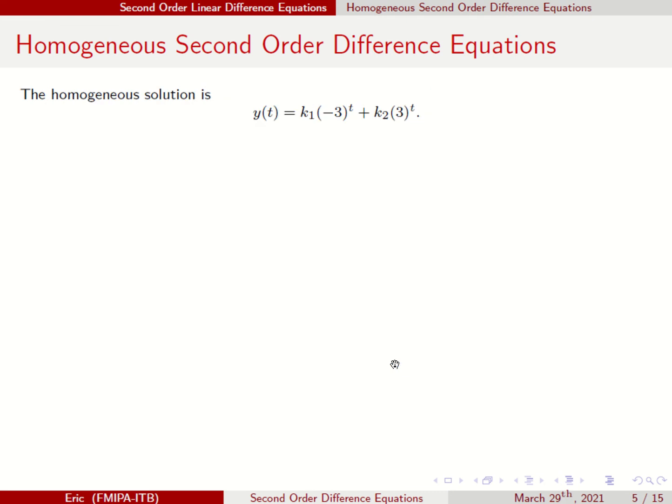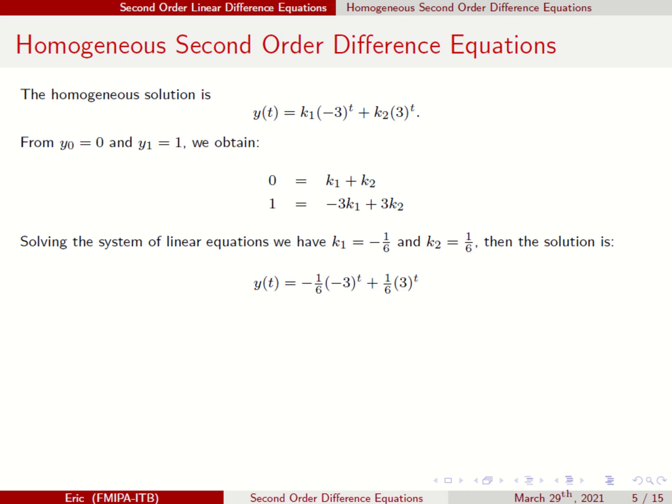I substitute this, and you have a system of linear equations with 2 variables and 2 equations. We can solve this directly using the elimination method, elementary row operations, Gauss-Jordan elimination, or any other method you have already learned. In the end, I have k1 equals minus 1 over 6, and k2 is 1 over 6.